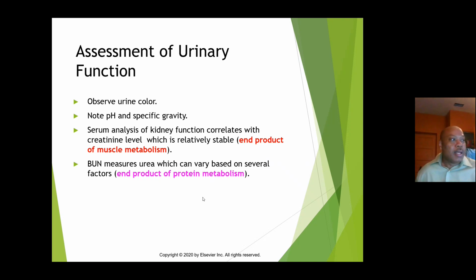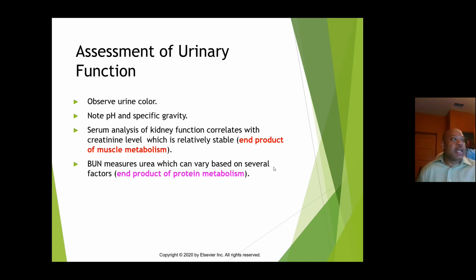That's specific gravity. And then, of course, we want to know how the kidneys are doing, since the kidneys, the ureters and the bladder are all connected. We want to know what is the function of the kidney, in other words, what is the creatinine level? Oftentimes we look at BUN and creatinine, but the creatinine is more specific to the kidneys.